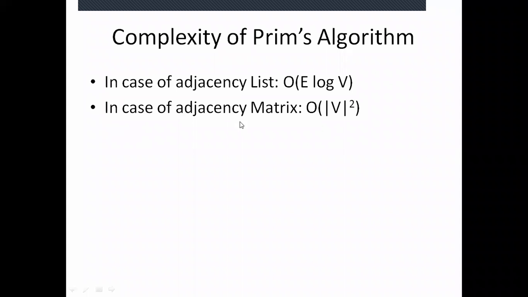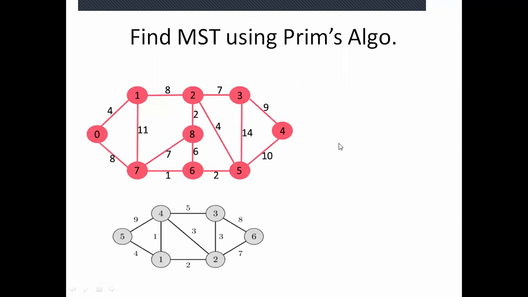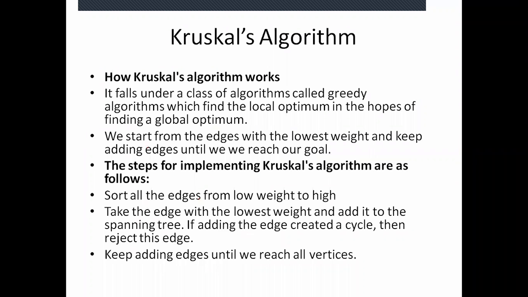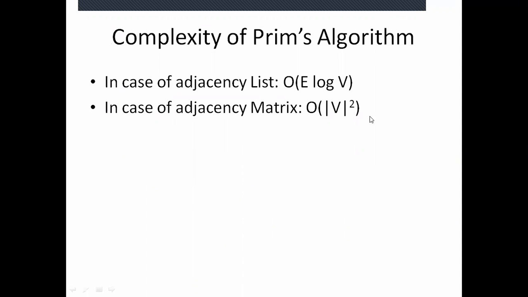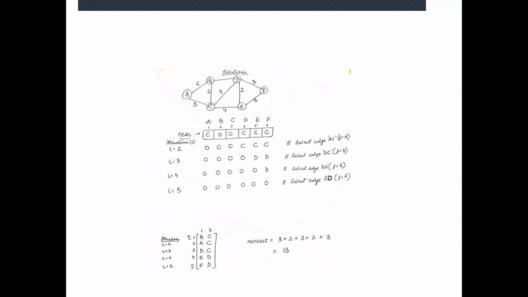And if you're using the adjacency matrix, then the complexity would be big O of V square, because over here you will be creating a matrix of size, suppose if there are 6 vertices, 6 by 6, like in case of Dijkstra's algorithm, I had told you how to make that cost adjacency matrix. So in that case, the complexity would be big O of V square. Otherwise, in case of adjacency list, it would be big O of E log V. Is it clear?